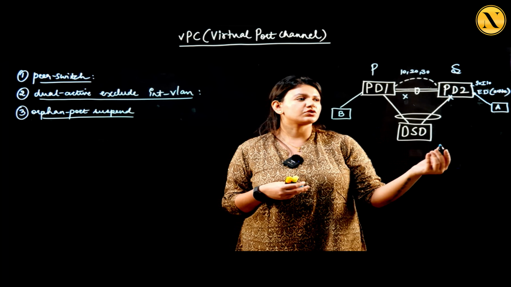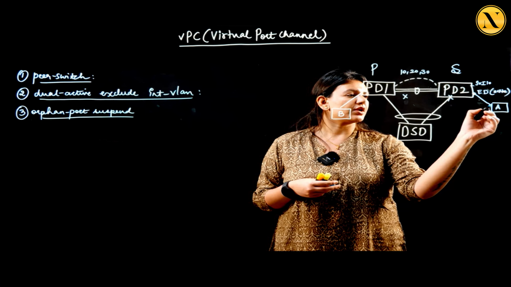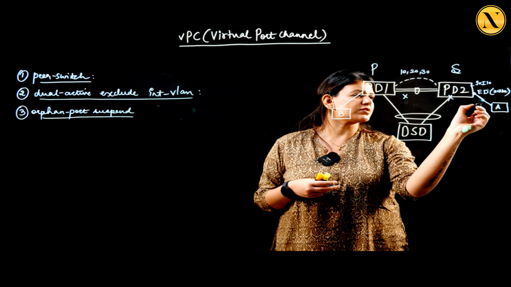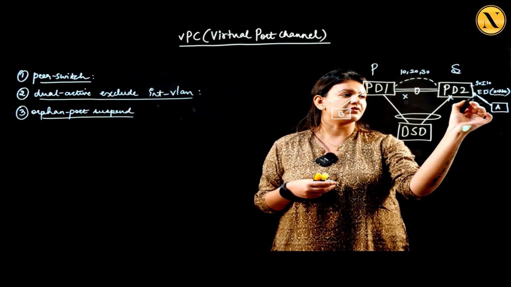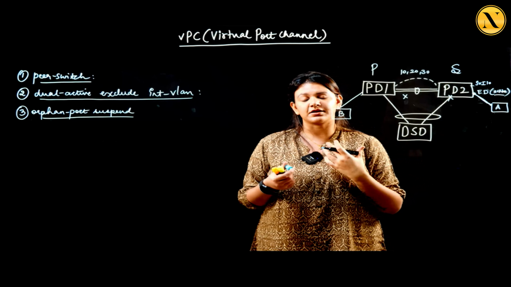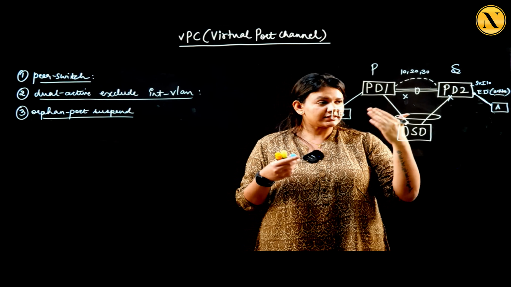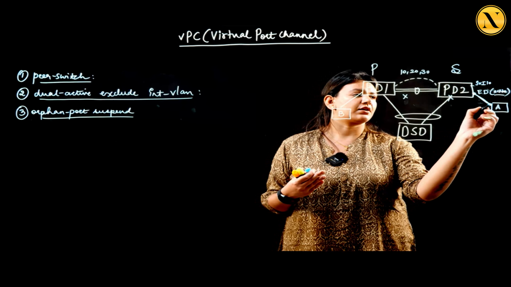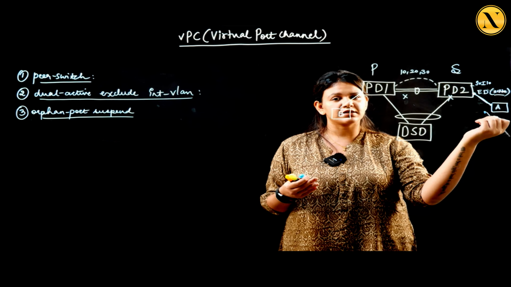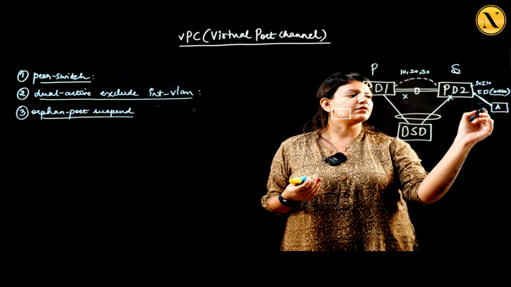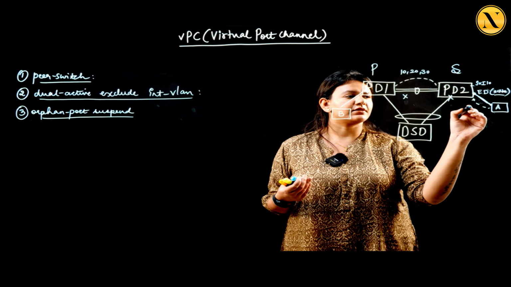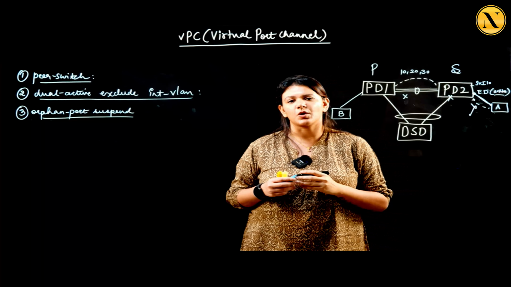Let us assume that this particular device over here sees that the connectivity is active, it doesn't see that it's in an error disabled status or anything. It sees that the link connection is active, and because it assumes that it is active, if it starts sending any traffic, then of course my traffic is dropped, right?